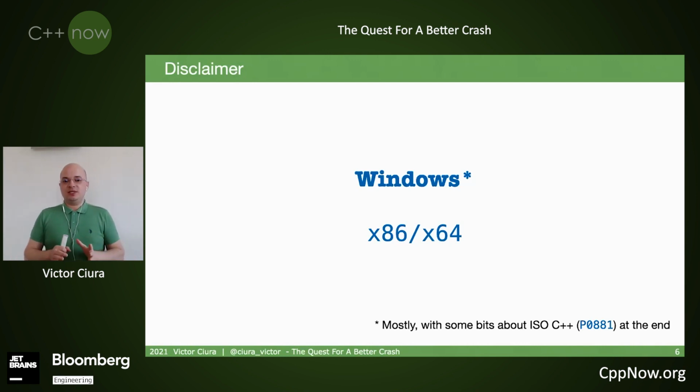So it's mostly Windows stuff, but I'm going to touch, like I said in part 3, on platform and standard concepts that we're going to see in C++ 23 relating to stack traces and some bits that are going to come and some nice to have things that I'm hoping to have, but at the moment it's not so sure.